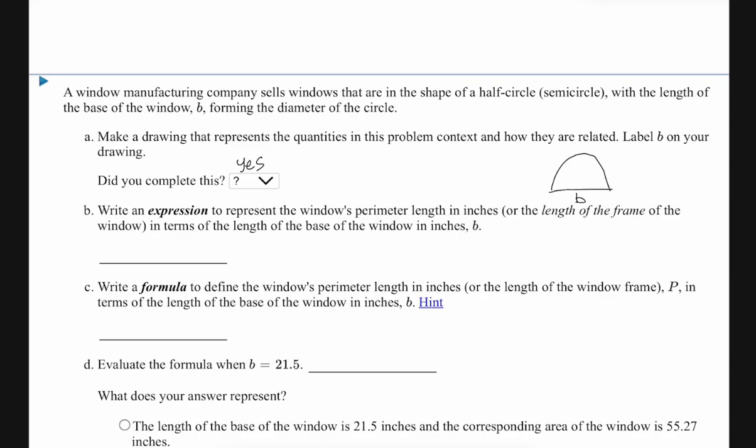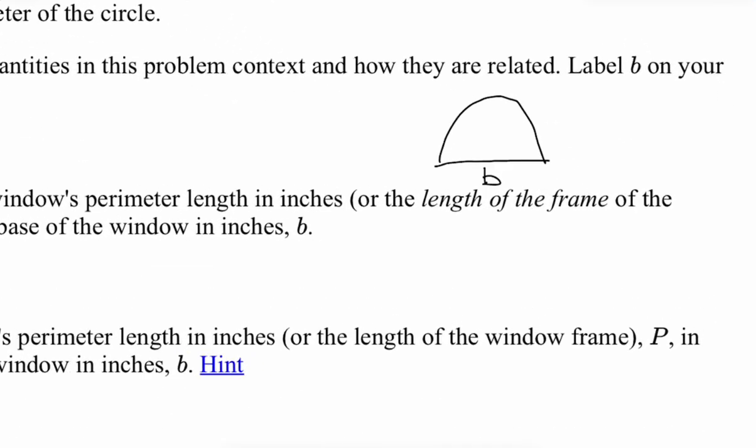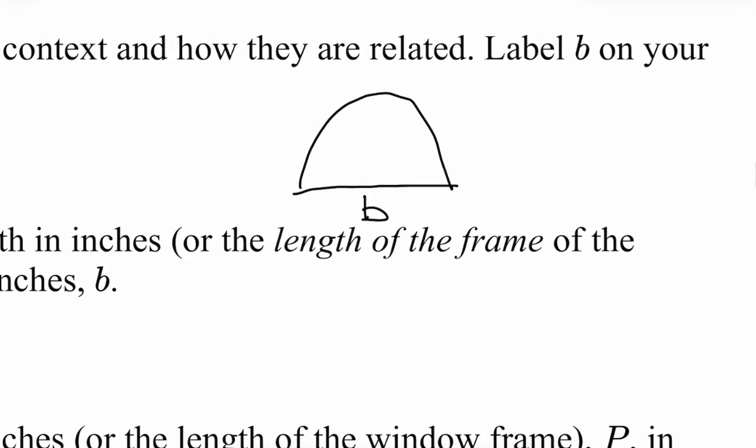It's just an expression that would represent the window's perimeter length in inches, or the length of the frame of the window in terms of the length of the base of the window in inches. Okay, so let's look at this picture for a minute. Does anyone remember the equation for a full circle? What is the equation for a full circle?